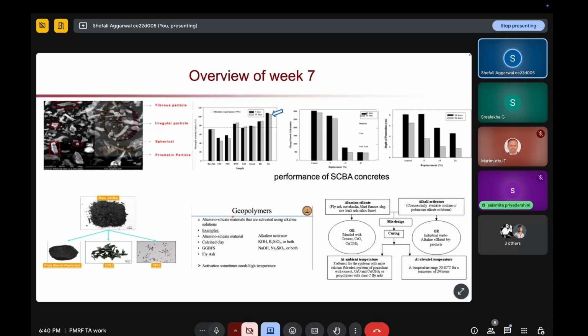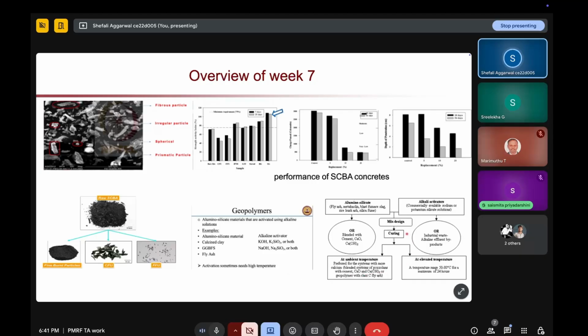Lastly, we have geopolymers. Geopolymers are aluminosilicate materials that are activated using an alkaline solution. A few examples are aluminosilicate materials like calcined clay, GGBS, and fly ash, and the activators can be potassium hydroxide, sodium hydroxide, some silicates, or anything.